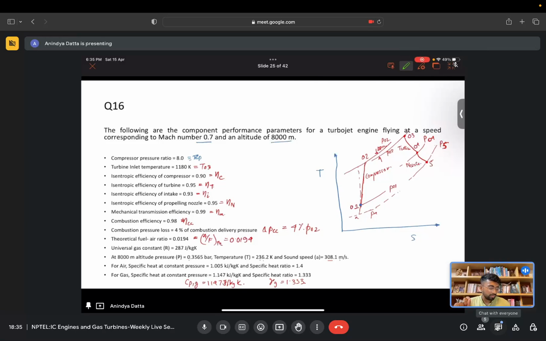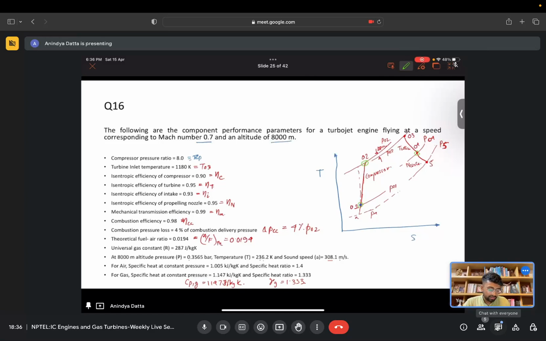We know the temperature and pressure at state point 1. We have computed the temperature and pressure at state point 2. Now the question is the total pressure at the exit of the turbine, at state point 4, right? So that means we have to first find out the temperature and pressure at state point 03.